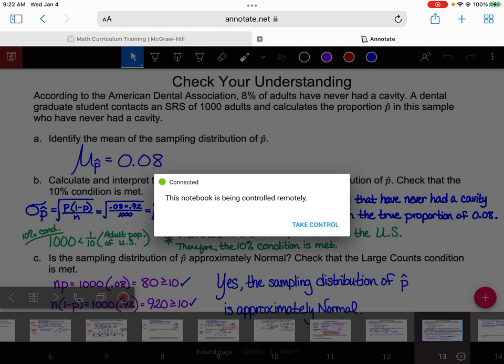There's more than 10,000 adults in the US, therefore the 10% condition is met. All I did was take this inequality right here and multiply both sides by 10. Then checking my large counts condition, n times p, so 1,000 times 0.08, which is 80, that's more than 10. N times 1 minus p, so 1,000 times 0.92, 920, again bigger than 10. Even if it comes out to be exactly 10, my large counts condition is met. It just can't be less than 10. So yes, it is approximately normal.